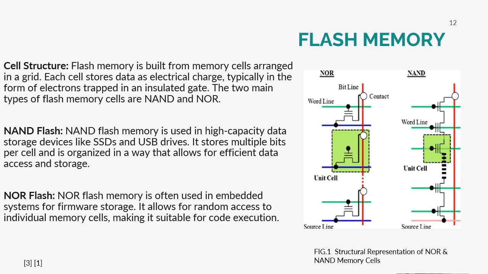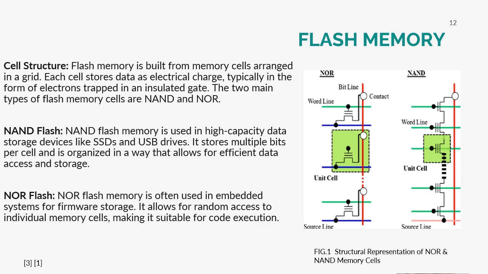Firstly, in NOR flash, cells are connected in parallel to the bit lines, which notably allows the cells to be read and programmed individually. The parallel connection of NOR flash cells resembles the parallel connection of transistors in a CMOS NOR gate architecture. On the other hand, in NAND flash, the cells are connected in series, resembling an AND gate.